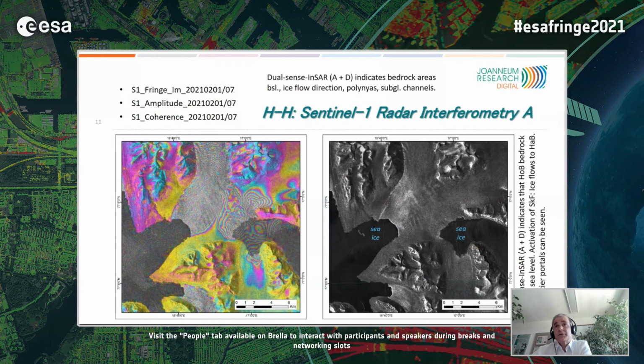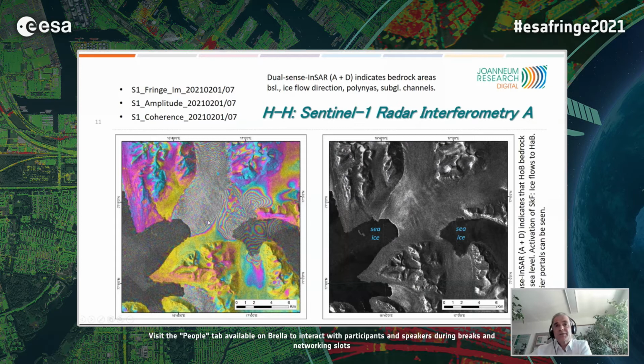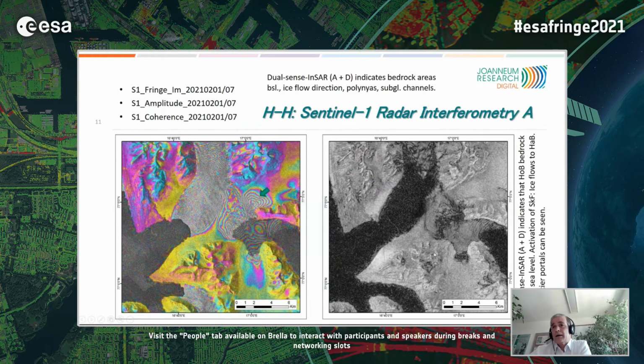The next set of standard products dated February 2021 shows nearly the same position of the inflection line here and here, and indicates an activation of the ice flow on the Skjoldfjordene glacier or ice cap.